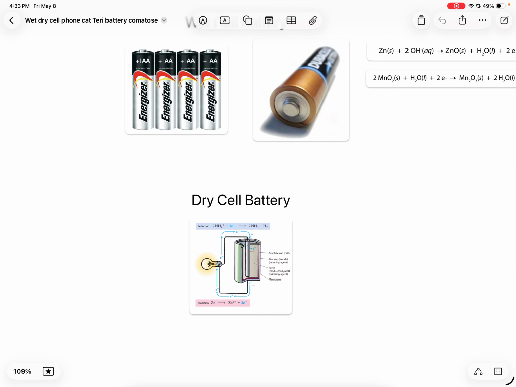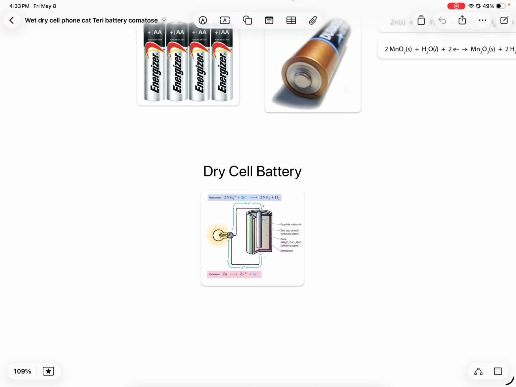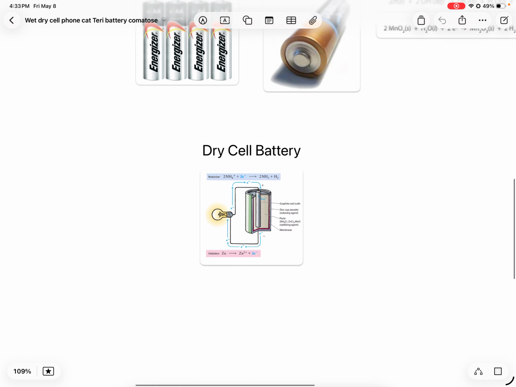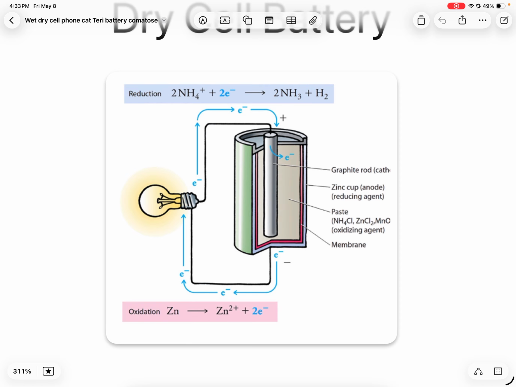How the dry cell battery works is it goes through a reduction and oxidation chemical reaction. It basically uses up the zinc cup contents over time through a reaction and generates energy. That's why the battery eventually runs out of energy and dies, because you use up all of the zinc in that zinc cup. Here is a close-up on the diagram of the innards of a dry cell battery.